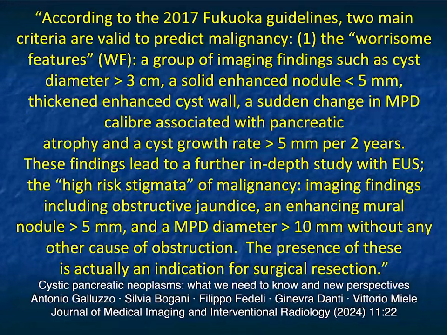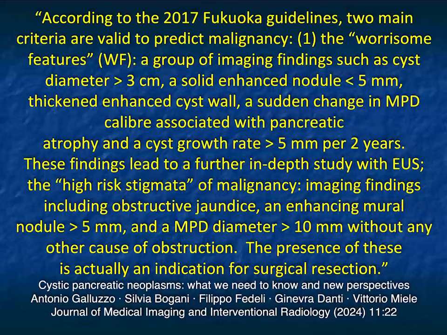Do we have an answer? I mentioned the guidelines, 2 main criteria to predict malignancy. The worrisome features: cyst over 3 centimeters, solid nodule, cyst wall thickening, change in main pancreatic duct caliber, glandular atrophy, and a fast growth rate. And all of those make sense because that seems like the lesion is rapidly changing.